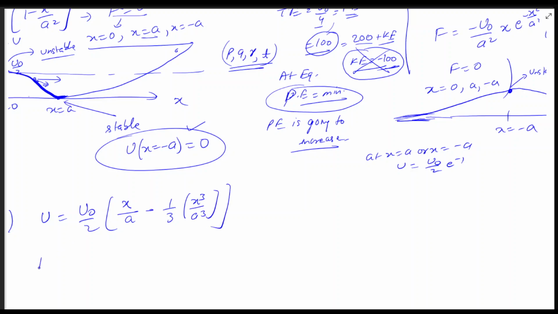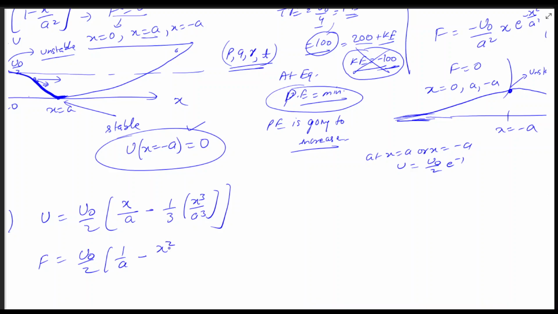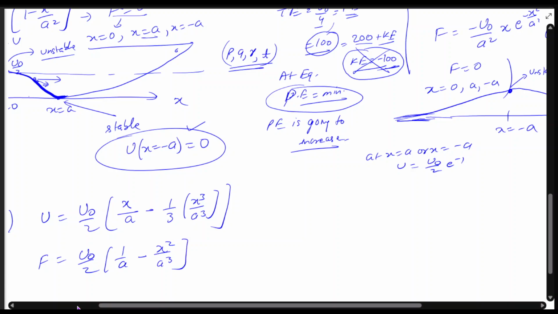Okay, so let's first find force. It will be U naught by 2, 1 by a minus, and 3 will come here, 3 will get cancelled, so it will be x square by a cube. Okay, so we can also take a as common, so we have 1 minus x square by a square. So clearly we again have force 0 at x equals to a and x equals to minus a.